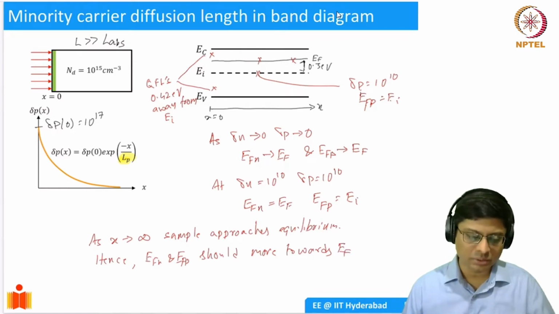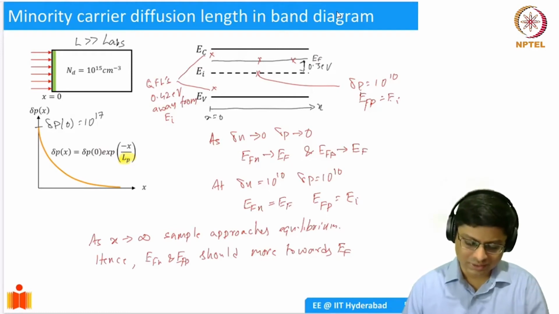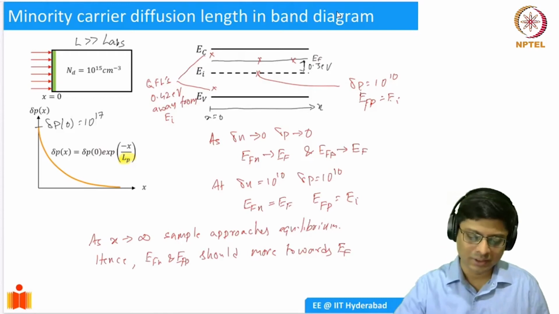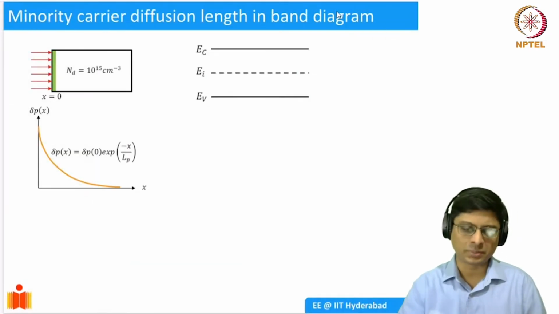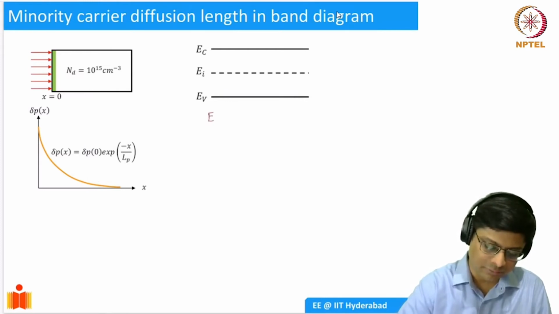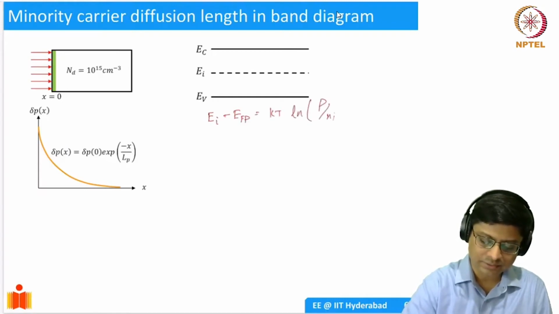So now let's try to do a quantitative calculation. This is still hand waving, right? We just put in a few numbers that we wanted. We can actually introduce the exponential decay into the expressions. So what was the definition of EFP? EI minus EFP is going to be KT ln of P by Ni, right?